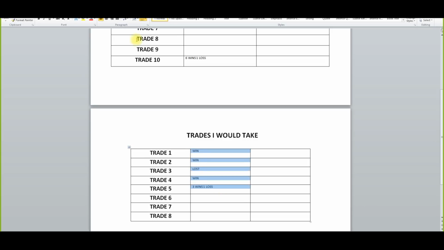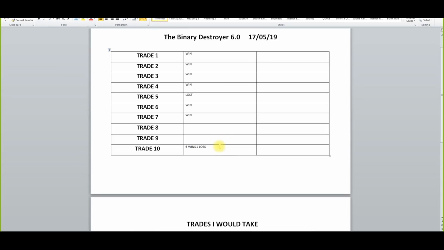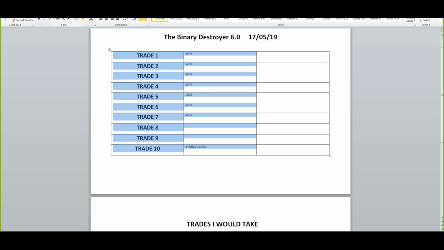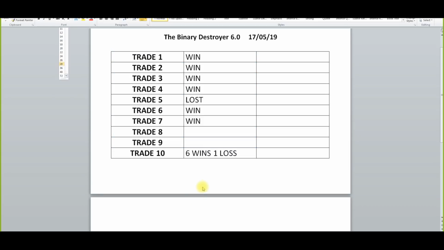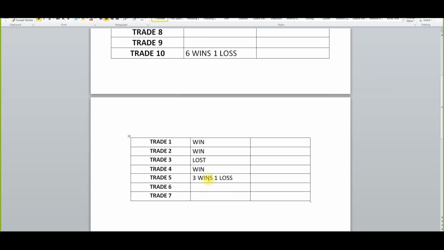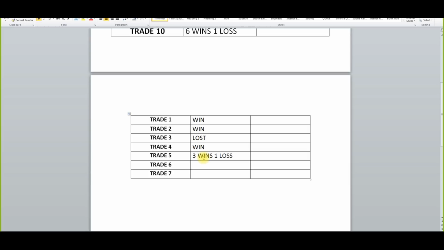So I'll make these clearer and bigger. As you can see, Friday's trading session was a profitable day if you were trading the AND strategy, or if you were using how I would trade, using a bit of support and resistance and momentum. I also had a successful trading day.